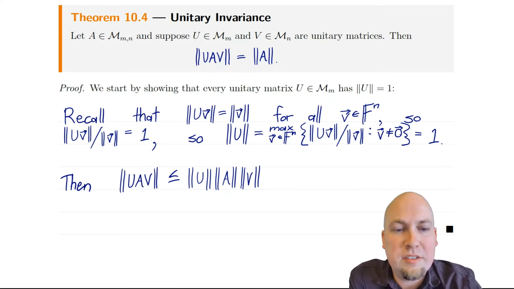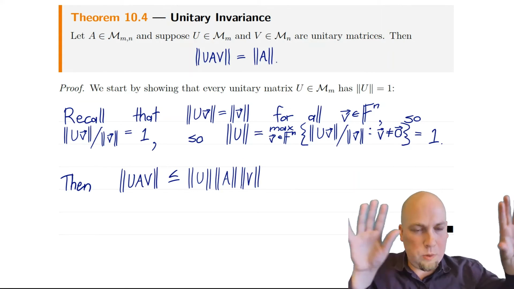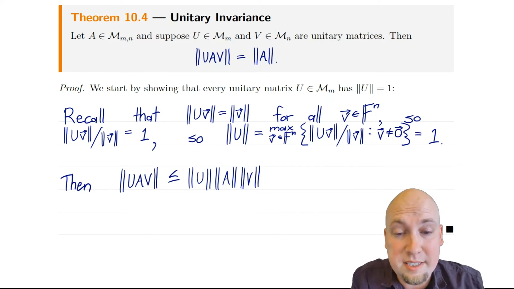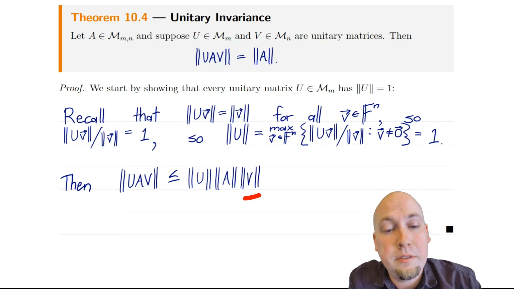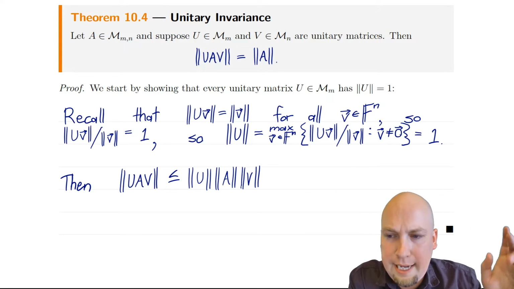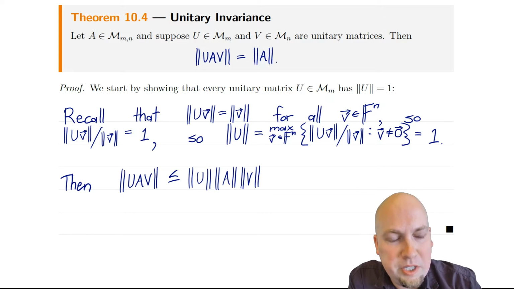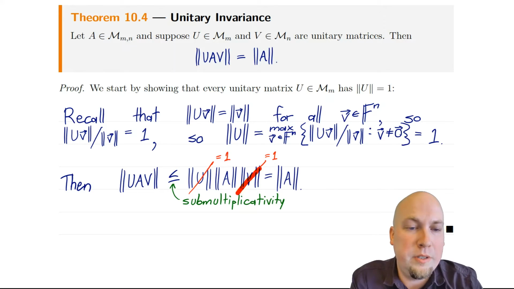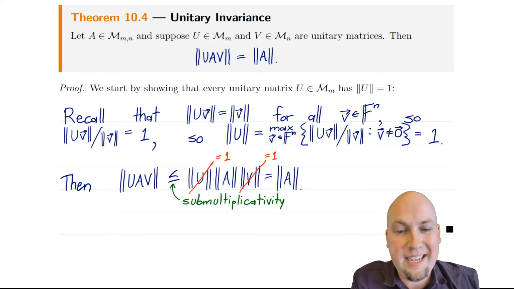We proved this for a product of two matrices, but you can very quickly and easily show from that it must hold for a product of an arbitrary number of matrices as well. So this is less than or equal to the product of the original operator norms. Now this is a norm of a unitary, that equals 1. This is a norm of a unitary, that equals 1. So those two unitary matrix operator norms just go away. I'm just left with the operator norm of A itself.